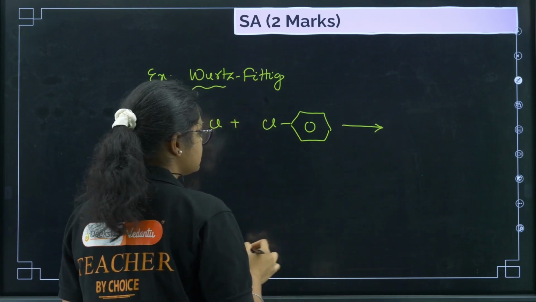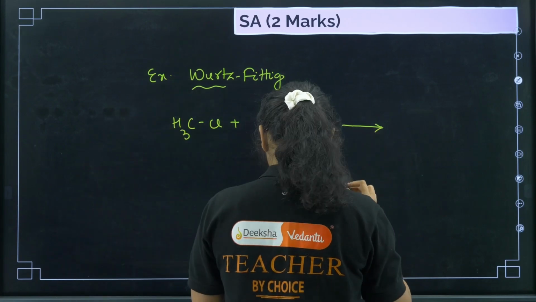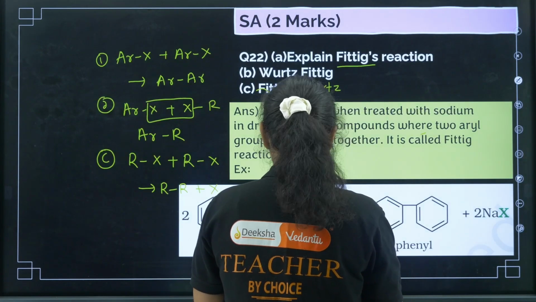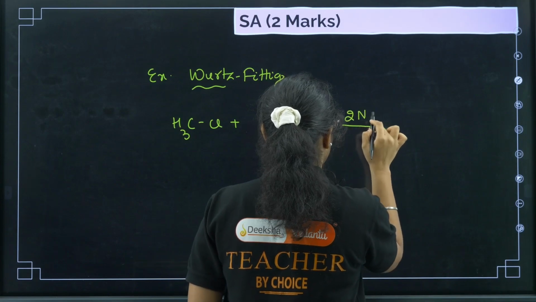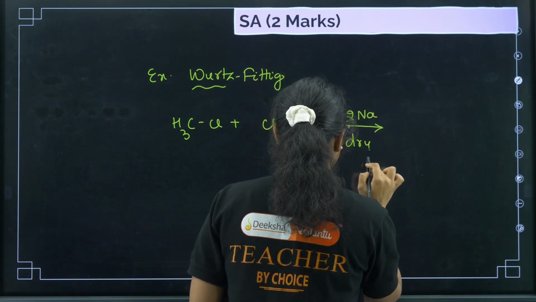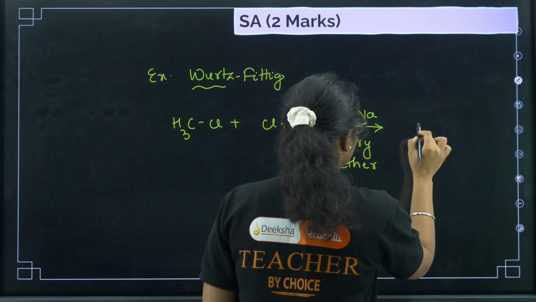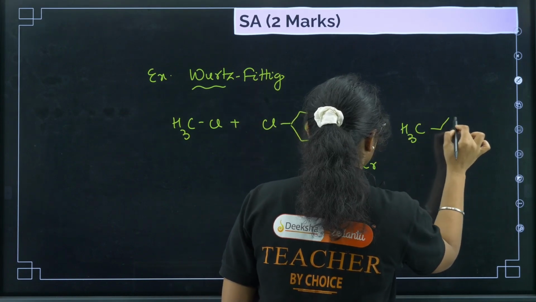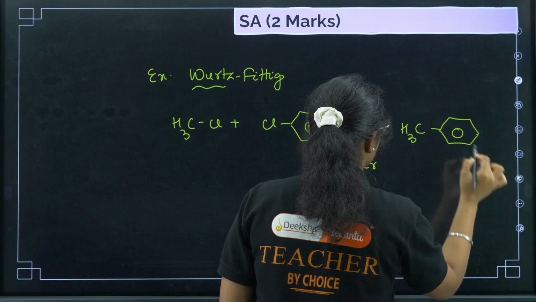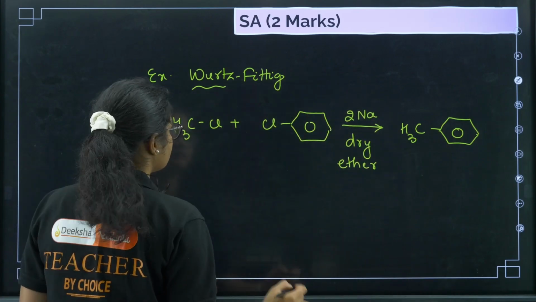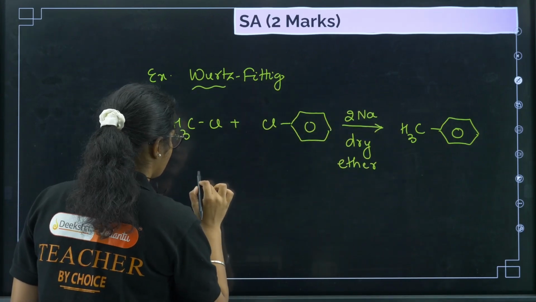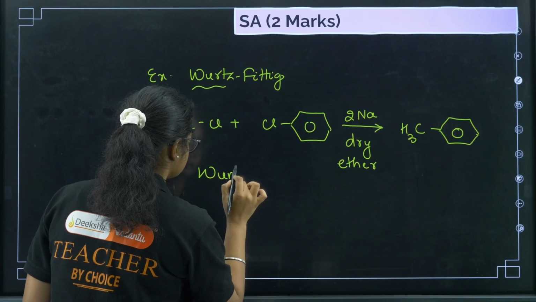This takes place in the presence of sodium and dry ether, right? So I can write 2Na and dry ether. In this case, two chlorines will be lost and we get CH3 and benzene. Okay, that is done. Now the second one is your Wurtz-Fittig. After that you have the Wurtz reaction.